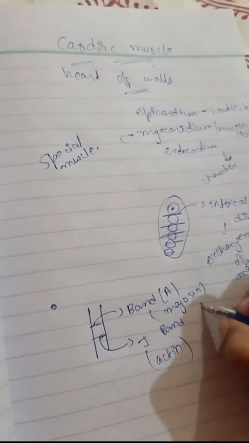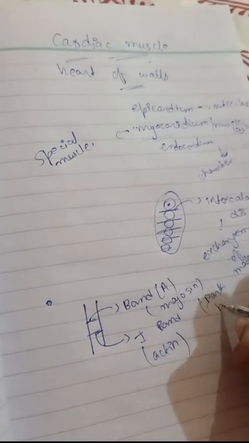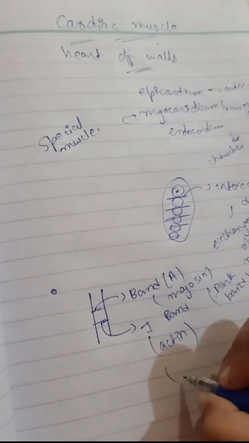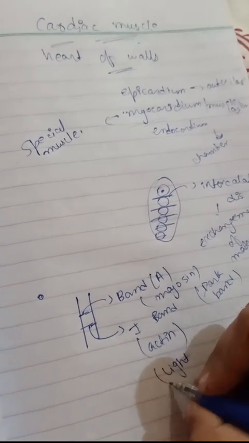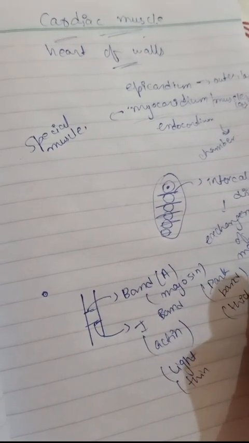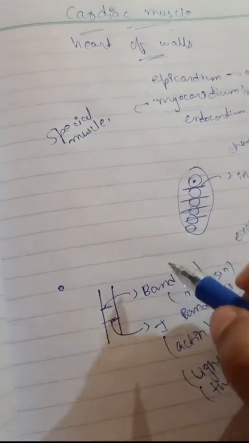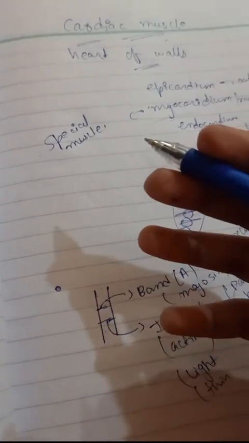This is the dark band through which light cannot pass, and this is the light band through which light passes. This is the thin band and this is the thick band.